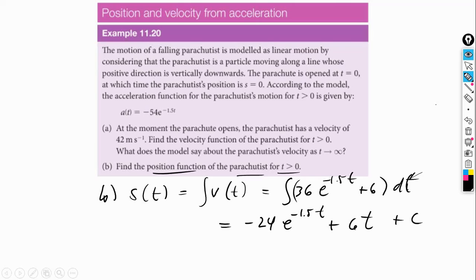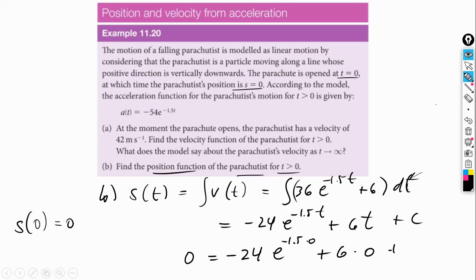But again, remember that we had information about the position. It says that the position is 0 at time equals 0. So S of 0 is 0. So that means that this is equal to 0 when time is 0. So notice that this is going to be minus 24 e to the minus 1.5 times 0 plus 6 times 0 plus c.